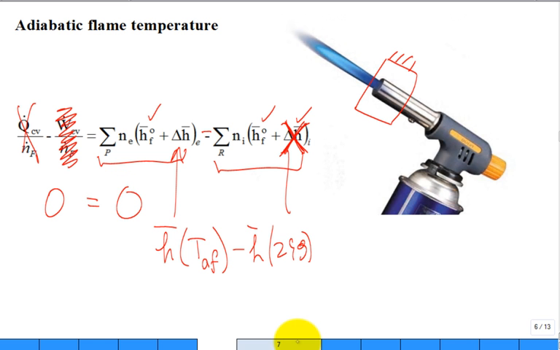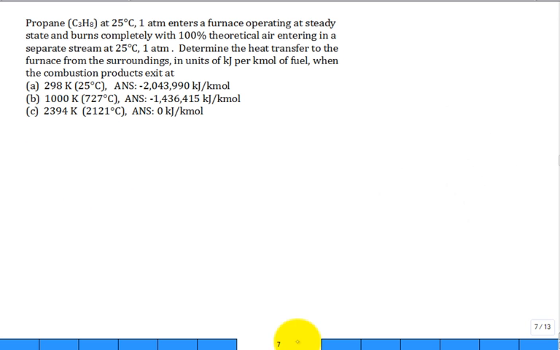All right? So if you take the same problem and you first of all let the products go out cold, you will get a large amount of heat transfer out of the gases, the combustion gases, out of that combustion chamber. It'll be like 2.0 times 10 to the 6 kilojoules per kilomole. You let them go out warmer, well, you get less, 1.4.